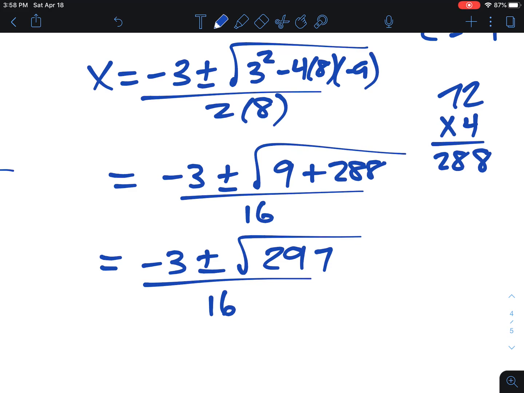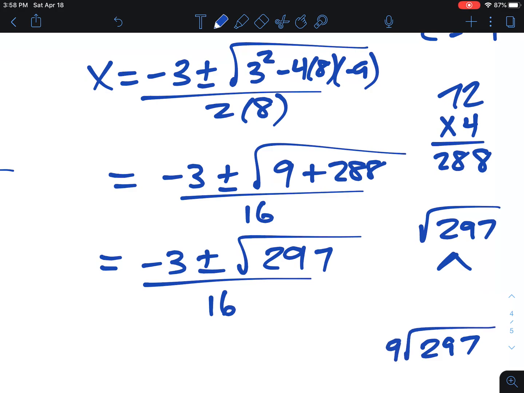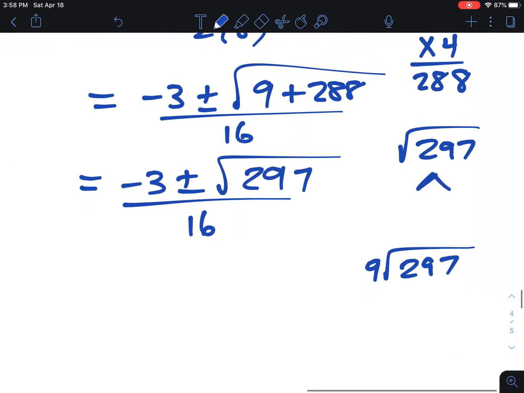And we can think, well, what goes into 297? That's a little tricky. I'm going to go with 9. I think 9 goes into 297. If I'm being creative here, I think it'll work out. Because 270 would be 30, and then you got 27 more. So I'm thinking here if we do a perfect square 9 going into it, this is division, not a square root.